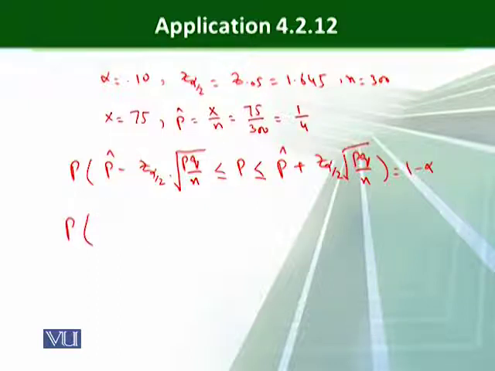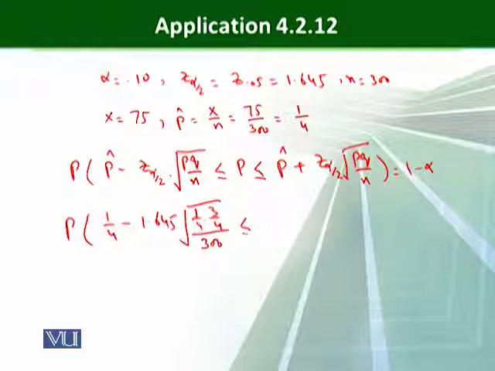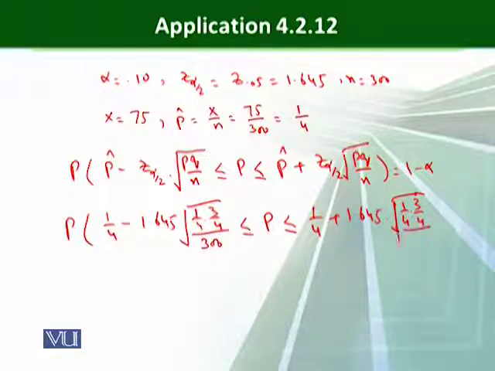We will find the confidence interval, that is probability. So p hat we found is 1 by 4 minus the value of z alpha by 2, that is 1.645, into under root p is 1 by 4 into q, that is 1 minus p, and that is actually 3 by 4, divided by 300, less than or equal to p less than or equal to, again substituting the desired values, 1.645 into under root 1 by 4 into 3 by 4 divided by 300, and that is actually equal to 1 minus 0.10.